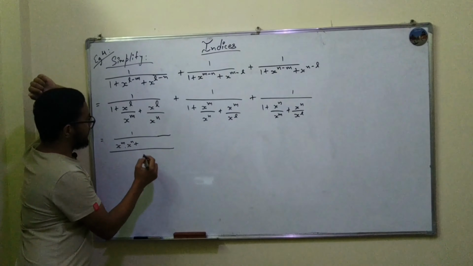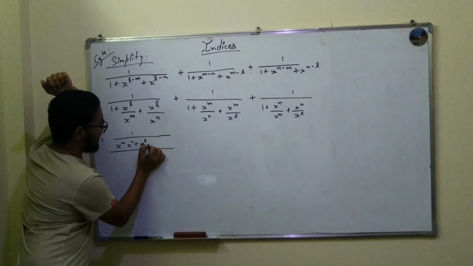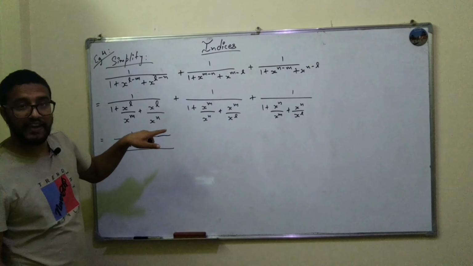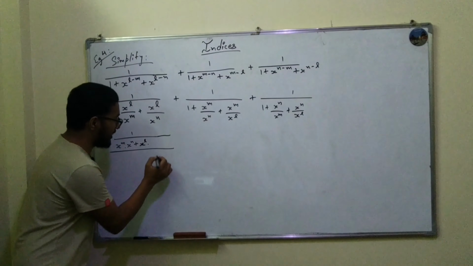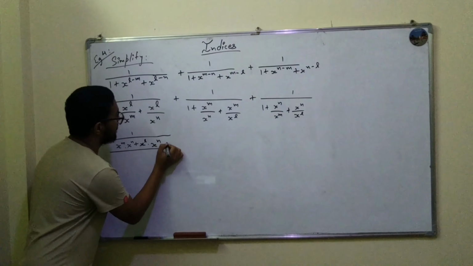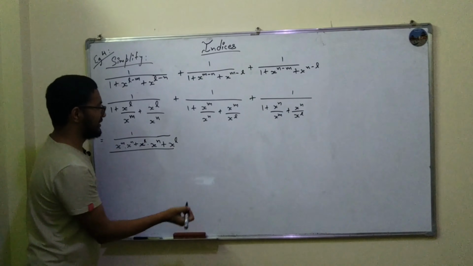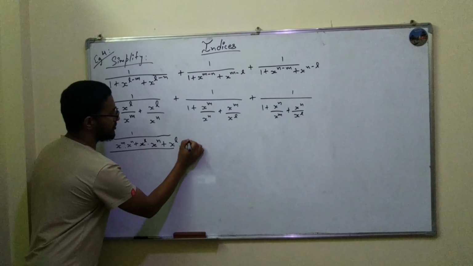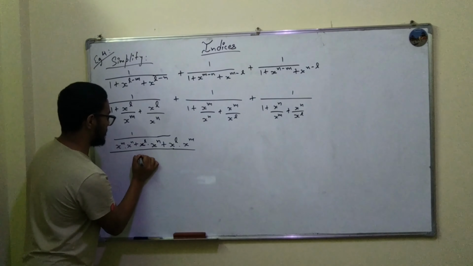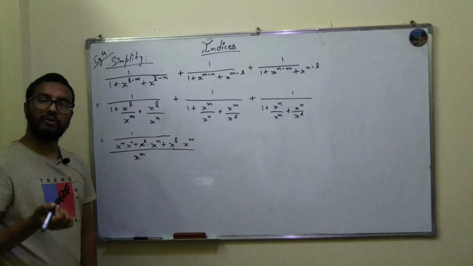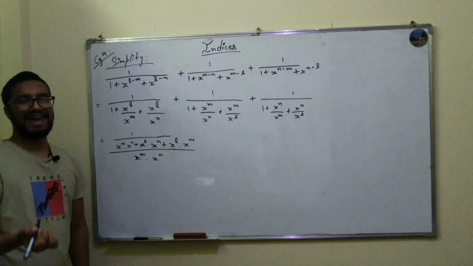So similarly, in this case, x^l is already there, so x^n is not there, so that will be multiplied. So x^n plus x to the power l and then x to the power n. In the base, you will have x to the power m and then x to the power n as well.